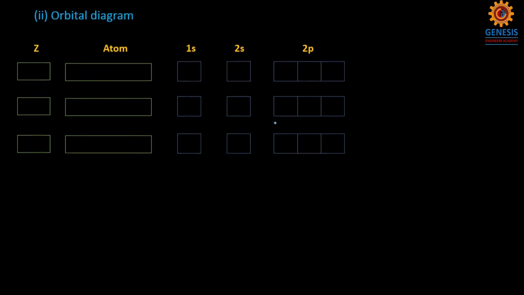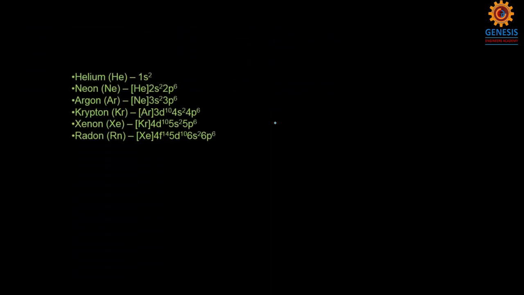Some of them I have written. These are called noble elements. The first one is helium, because it has only one shell, and that shell has been filled up. Neon has only 2 shells, and those have also been filled up.